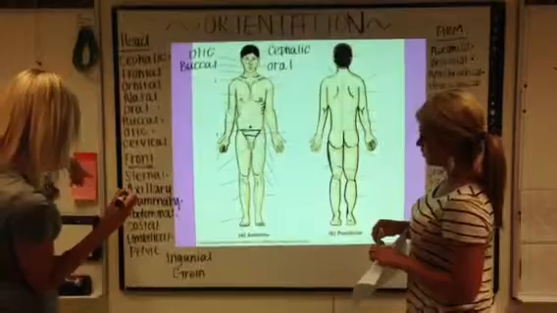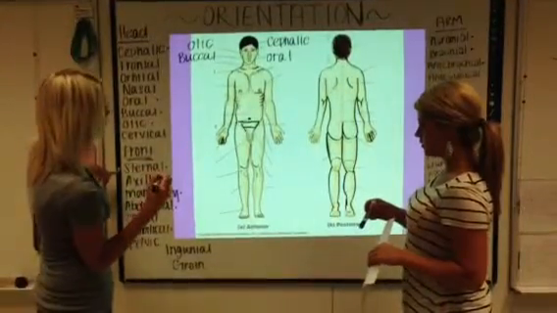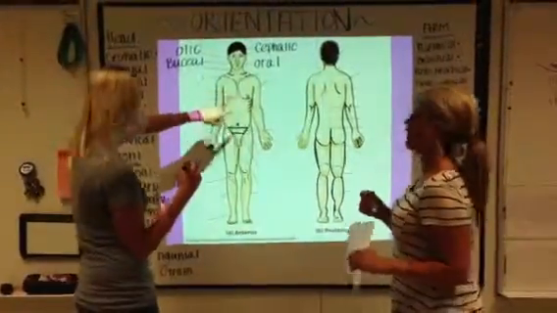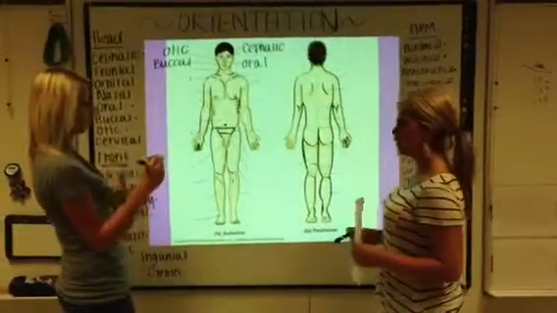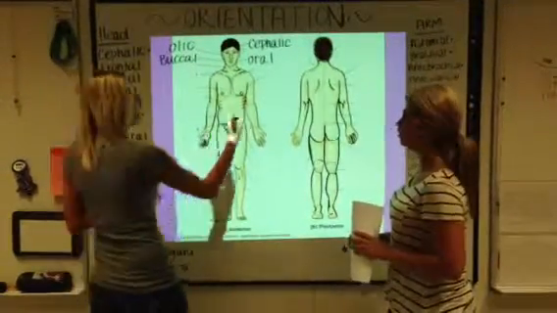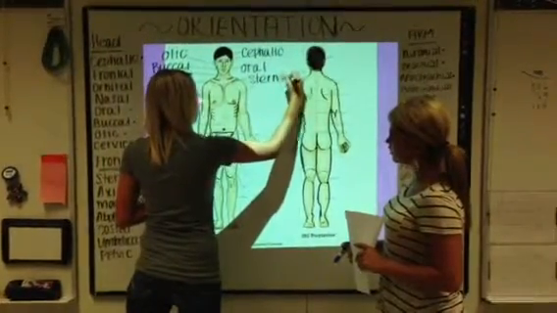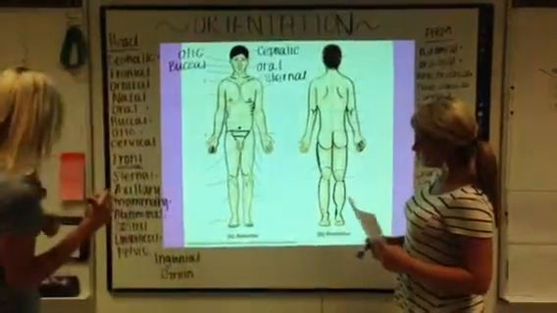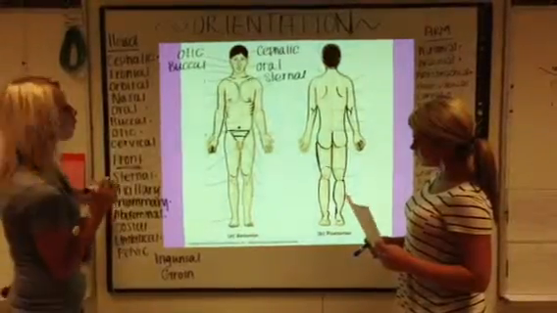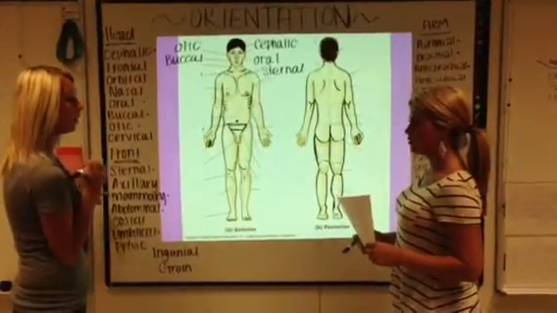Okay. Let's go to the front of the body. The sternal is going to be... Is that the chest area? Yep, you're right. It's the line right between the breast, just the hard piece in the middle of your chest. That's the sternal. And then mammary, I always remember it as like a woman getting a mammogram.